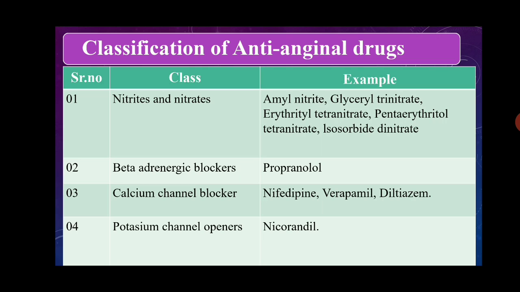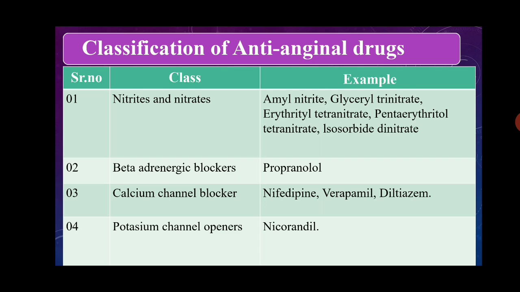Examples are amyl nitrite, glyceryl trinitrate, erythrityl tetranitrate, pentaerythritol tetranitrate, and last, isosorbide dinitrate. These are the examples of nitrites and nitrates.